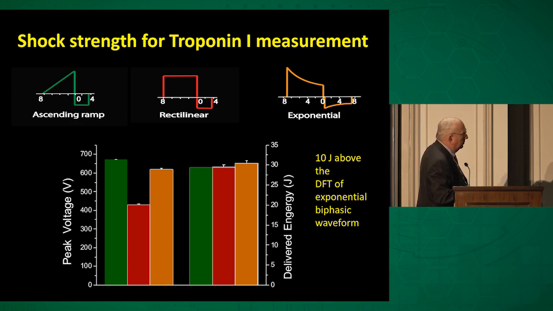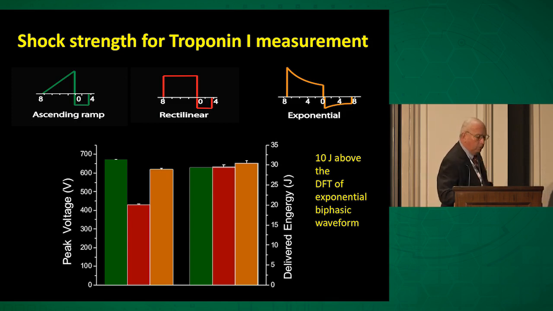But the 8 millisecond ascending ramp was a low energy, so we chose it to study in our damage protocol, which is protocol 2. We then chose a low voltage waveform, which is the 8 millisecond rectilinear, so we used it too in the study. And then we had our truncated exponential as the control waveform.